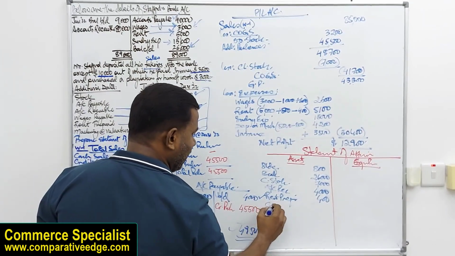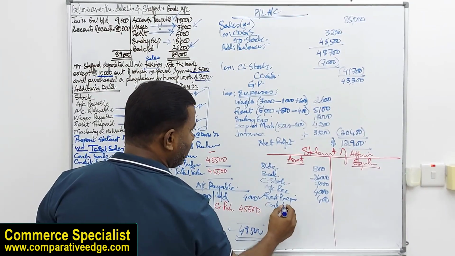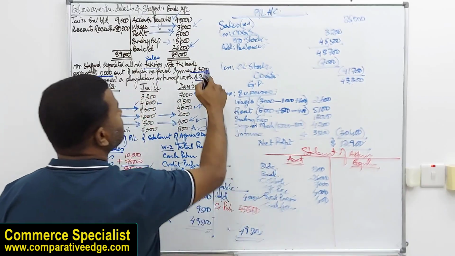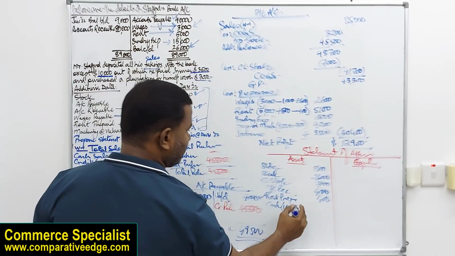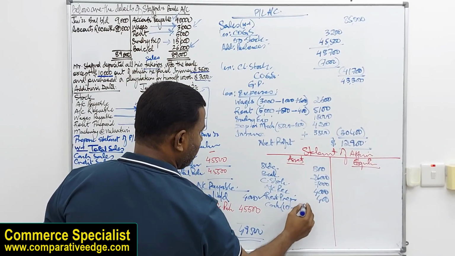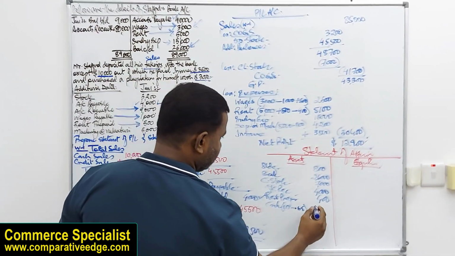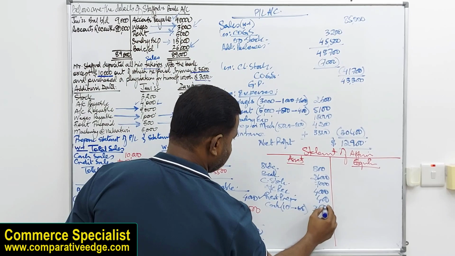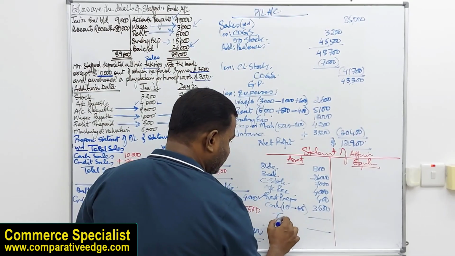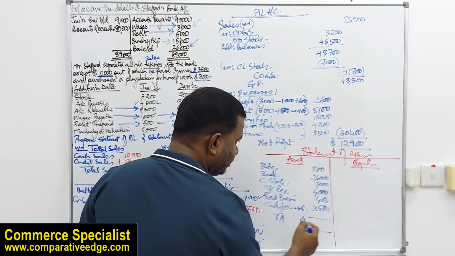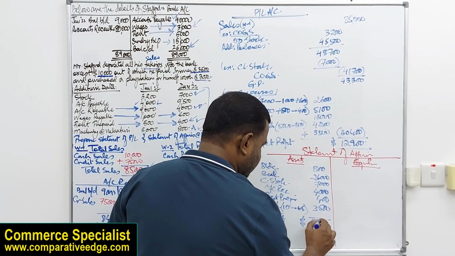So how much is the cash closing balance? So I'm just writing here 10,000 minus 6,500. Okay. So you're left with 3,500, which is the cash balance. I will get total assets, which comes to 41,700.